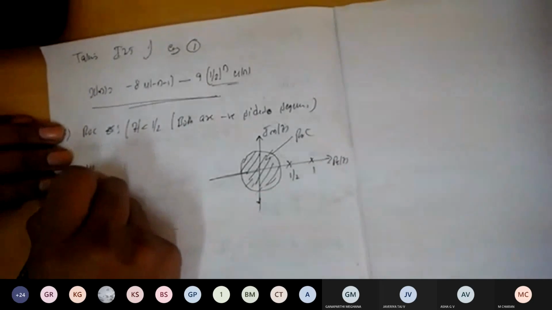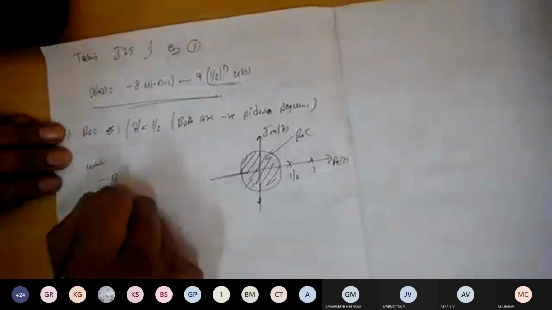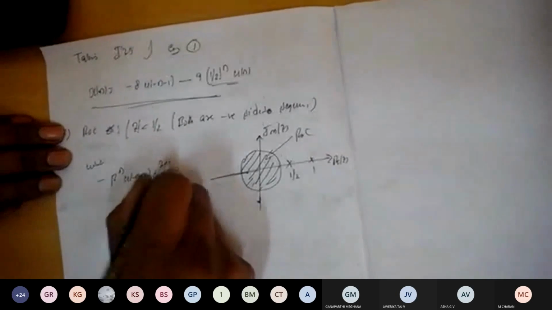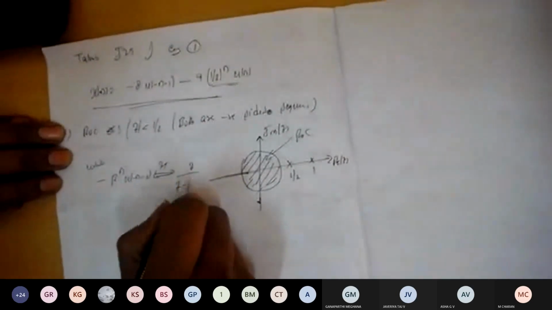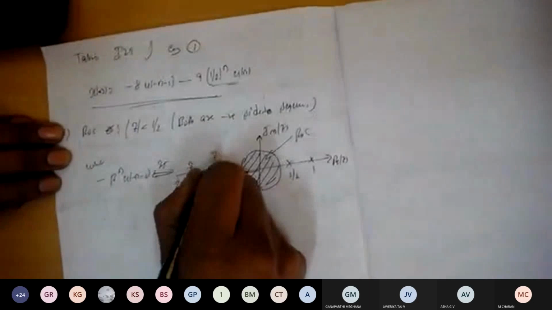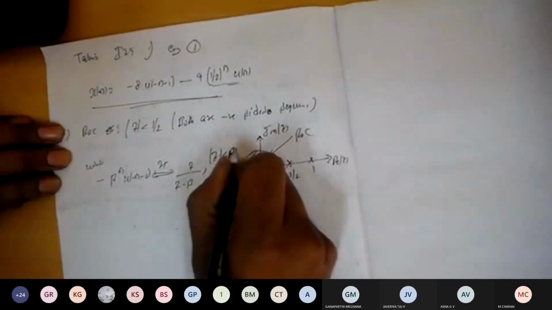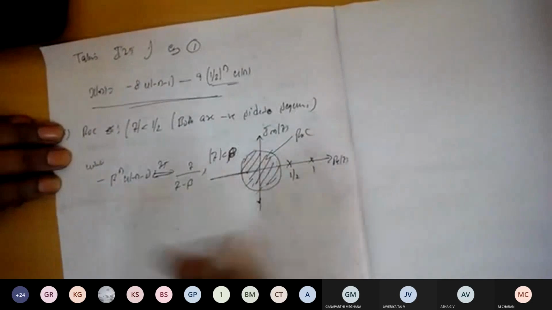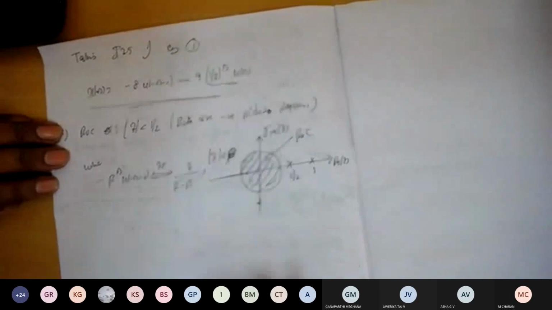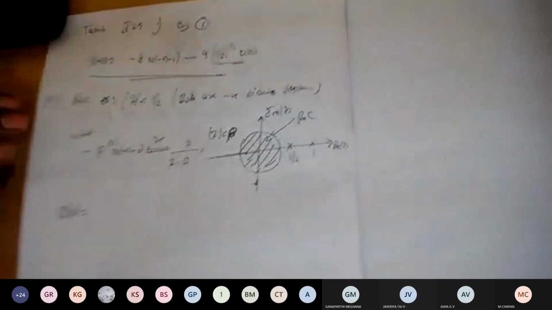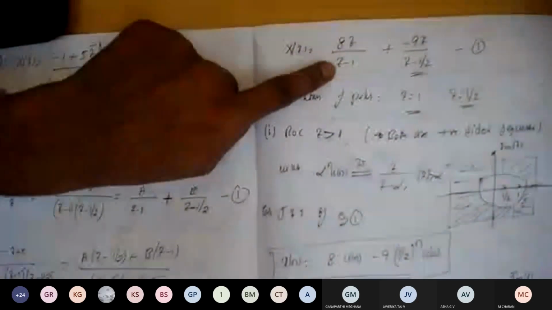We know the formula for the negative sided sequence, already written many times, but I'm writing it again for your convenience. The Z transform is Z divided by Z minus beta, with mod Z less than beta. Taking the inverse Z transform, it is a negative sided sequence.